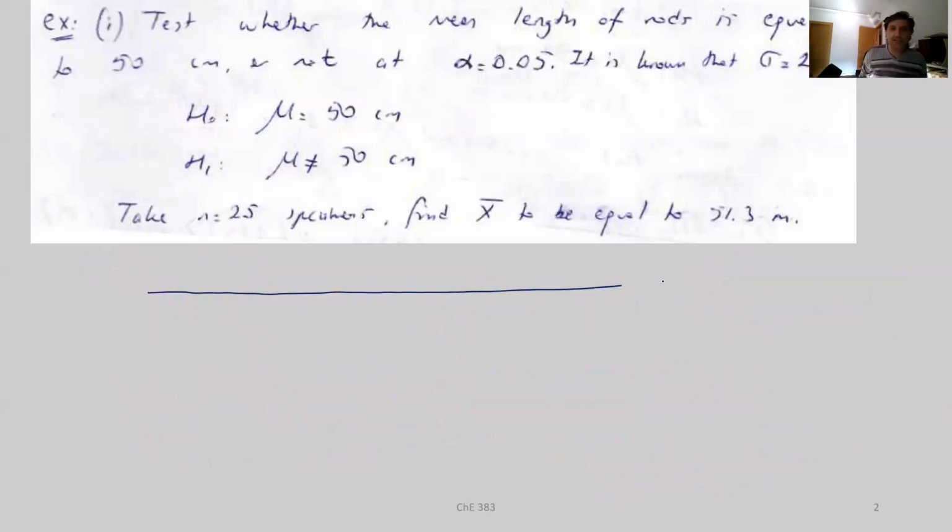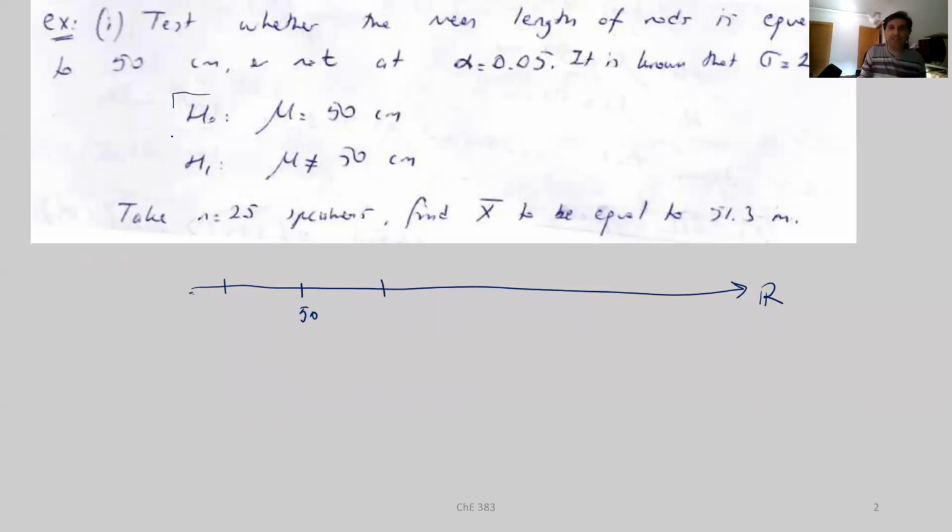So one may compare the two processes in this fashion on a real axis. If this is our real axis, then the hypothesized value of 50 is here. Now the upper and lower values, I'm talking about the fixed significance level approach.